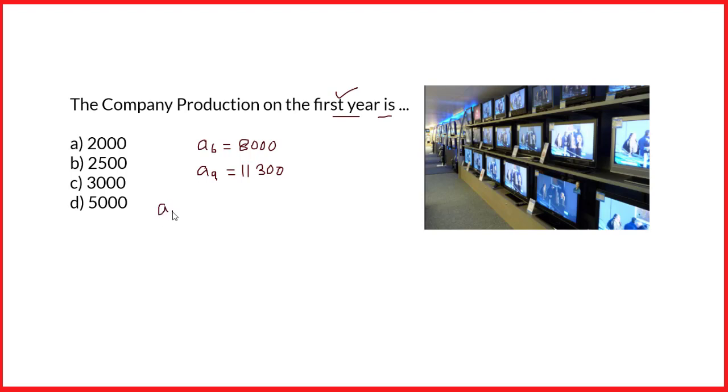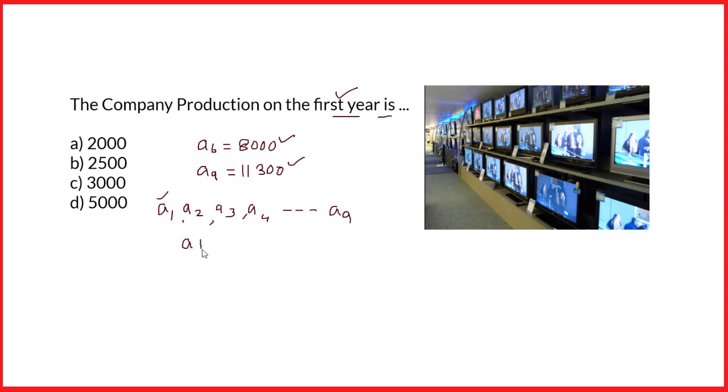Here the first year we denote by A1, second year by A2, third year by A3, fourth year by A4, and so on till A9, that is the 9th year. The 6th term is given and the 9th term is given, and you have to find the first term. So A6 is equal to 8,000.